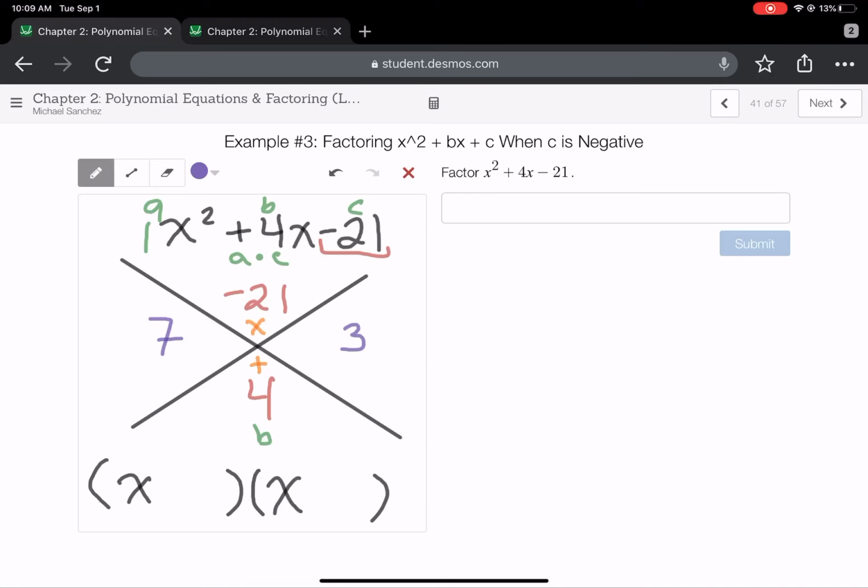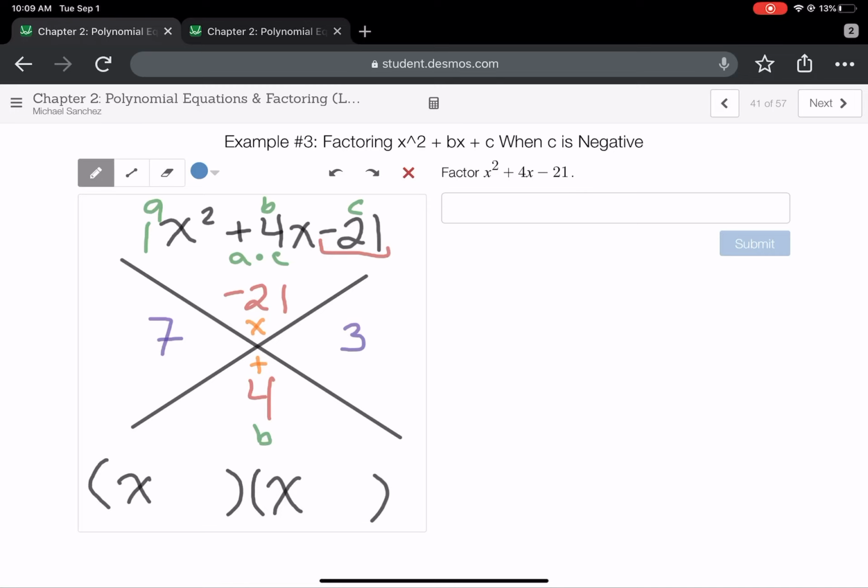So here is what we got to think about right here. If I make both of these negative, that's not going to give me a negative 21 because negative times a negative gives me a positive. So here's where we have to think about it. One of these, 7 and 3, has to be a negative and one has to be a positive.